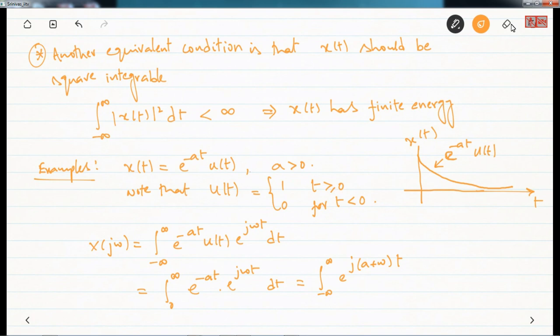See here, it is a plus j omega, a plus j omega into t. So t is here. a plus j omega t dt.